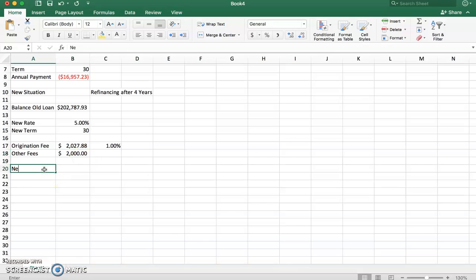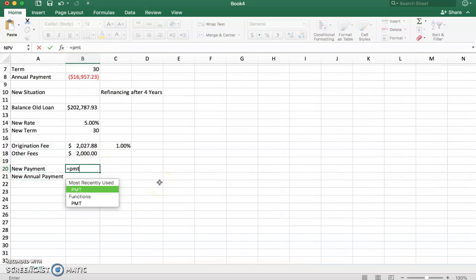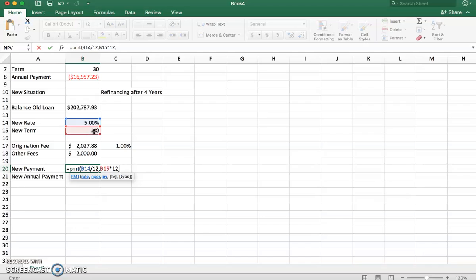So let's just say new payment, new annual payment. This is just going to be another payment function. The only difference is this time we're using this new information. We're going to use 5% divided by 12, the 30 years times 12, and then the old loan balance.